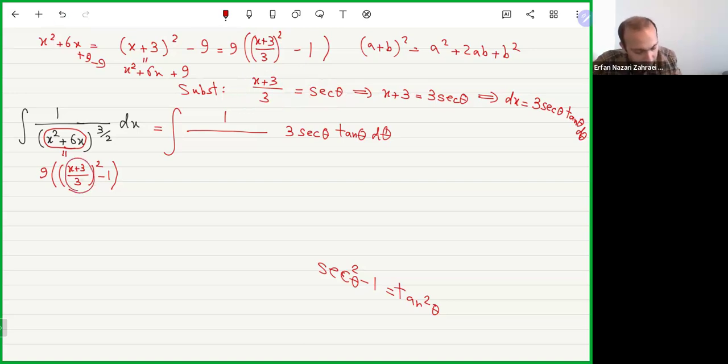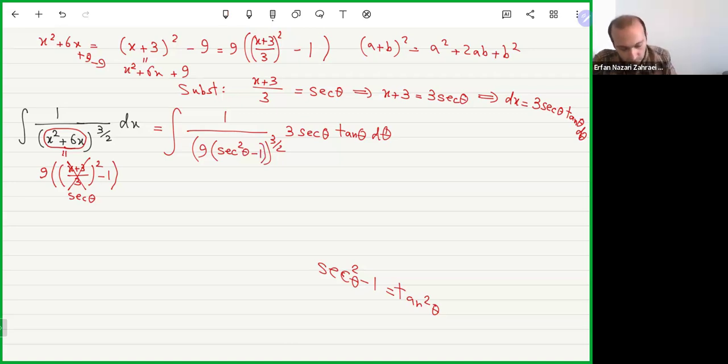So replace this with secant theta. What do I get? I get the whole thing to the exponent 3 over 2. Inside it, I have 9 parentheses secant squared minus 1. That's what I get.